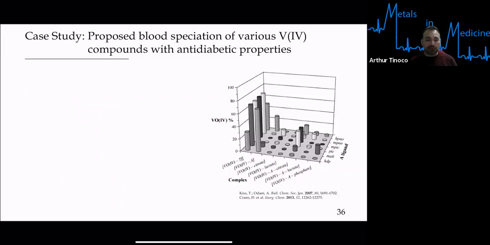All right. So with that in mind, here is data that was collected for a proposed speciation of taking these different vanadium compounds, those 6 ligands that I showed you, and introducing them into an environment that contained citrate, lactic acid, the phosphate, in addition to 2 proteins, transferrin and albumin.